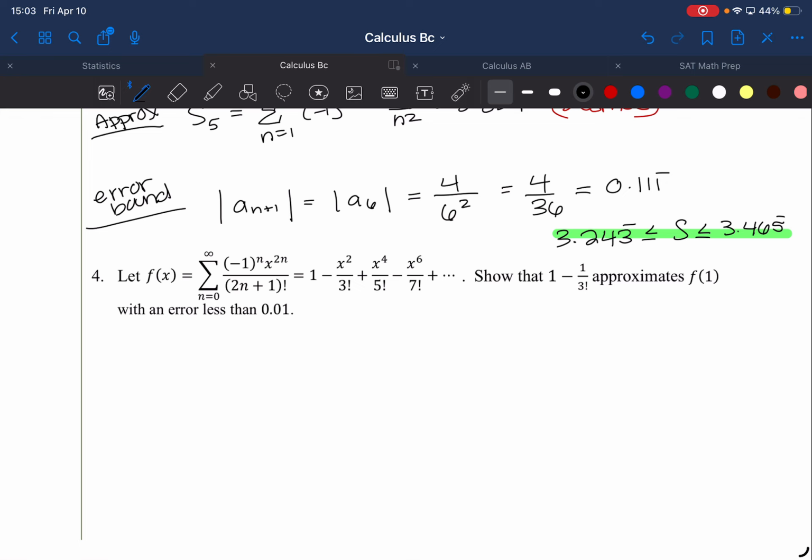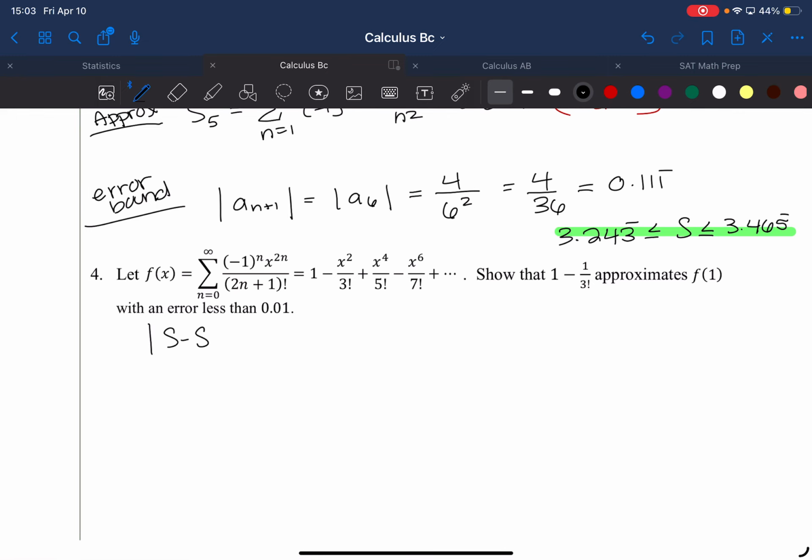Okay, so the very first thing that you're going to do is you're going to write down that formula. So I have absolute value of s minus s sub n is less than or equal to the absolute value of a sub n plus 1. Now, reading this, it already gives us what s is. S is f of 1. Remember s is the actual value, and it wants us to use this series to approximate that.